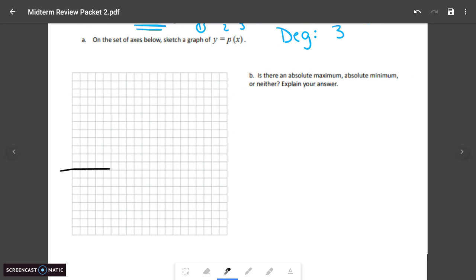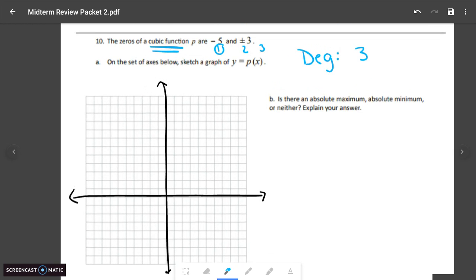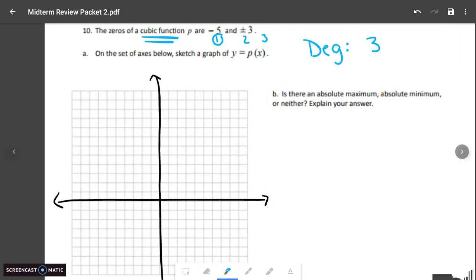Now, when I go to sketch this, I'm just going to put my axes on. You don't have to be perfect, but I'm going to plot those 3 here of -5. I'm going to label because that is important to us. We're going to have -3 and +3.